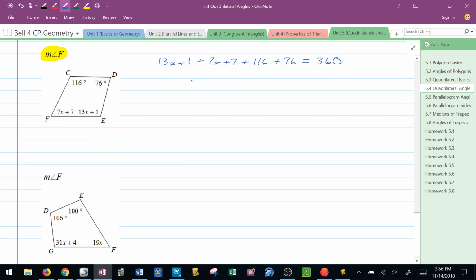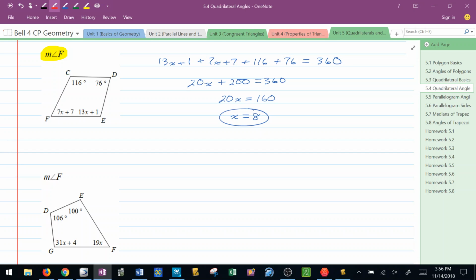I combine like terms, I have 20x. Let's see, 1 plus 7 plus 116 plus 76 gives me 200. So 20x plus 200 equals 360, or 20x is equal to, subtract 200, 160. So then I know x is equal to 8.